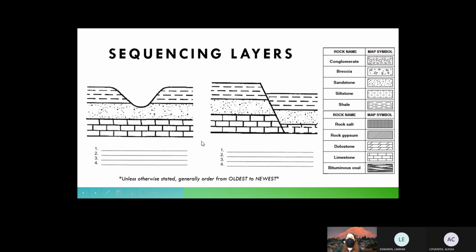So we had our bottom one as limestone, our middle one as sandstone, and our top one is shale. And as we are noticing, there are 3 different types of rock layers, but there's 4 lines.